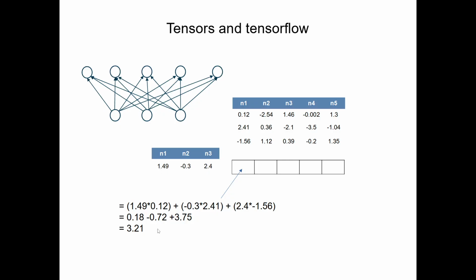So you see, and then we have to add all this together. So just to calculate the output of one neuron, we have 3 multiplications and 2 additions to find the result. And we have to do that for each neuron in the entire network. Here I've only included 5, but obviously in real networks there are thousands, millions, and then we'll have to repeat it for each of our images.